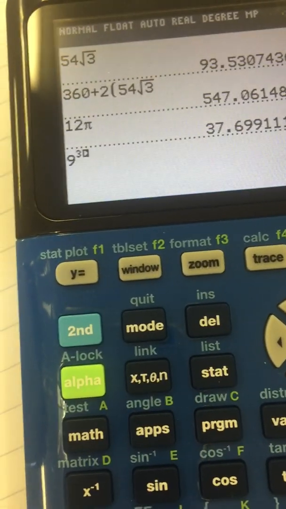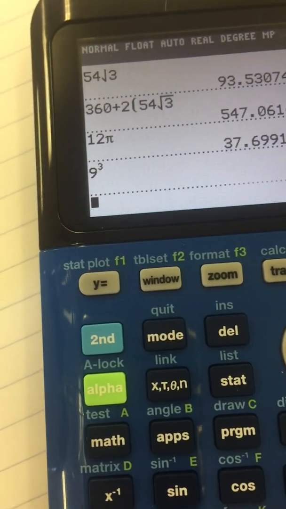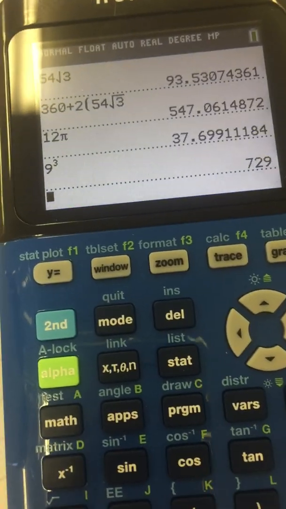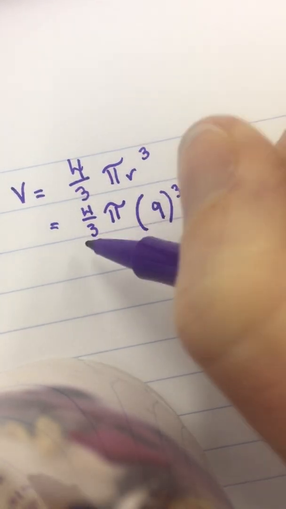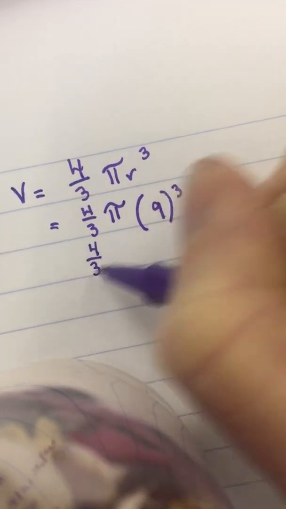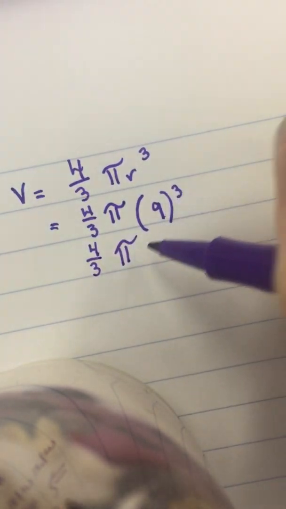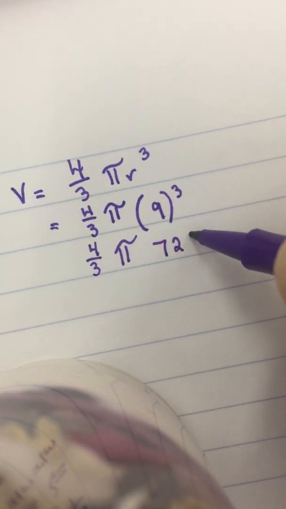So now we're going to put in 3, and we can simply press enter there, and that's 9 to the power of 3. So let's come back into our formula, and this is now 4/3 pi times 729.